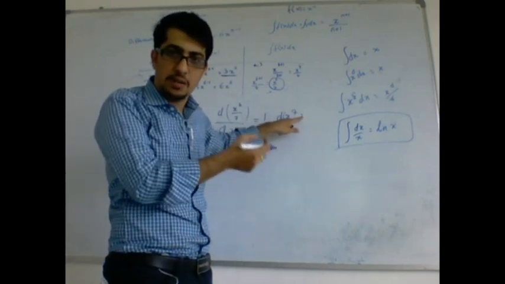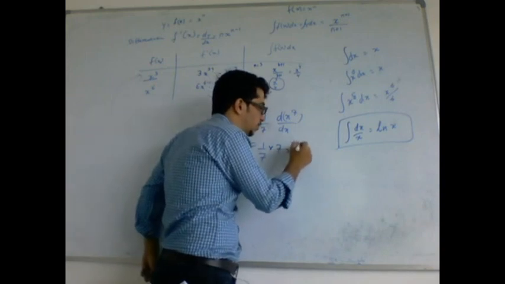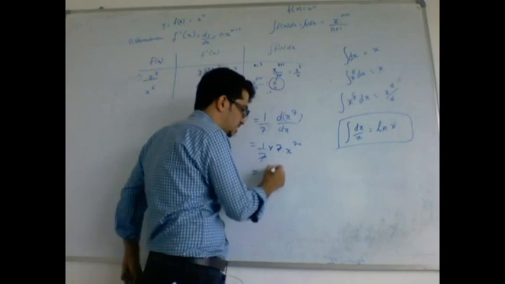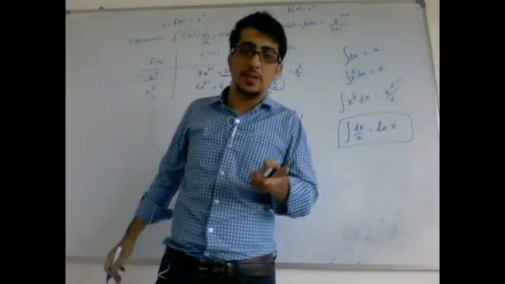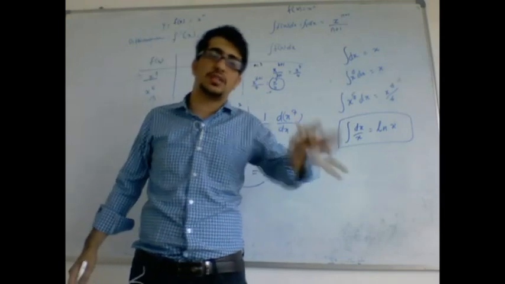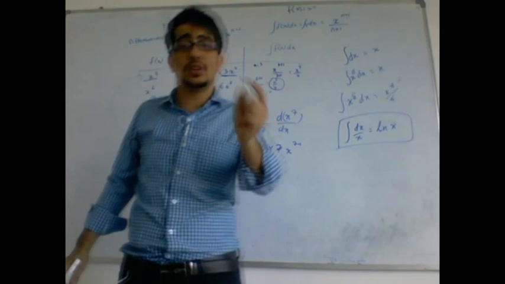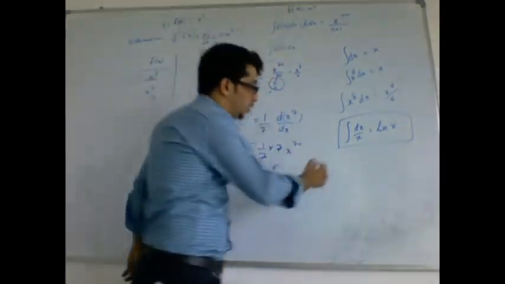So x power n, n will come ahead, so 7 will come ahead, x power 7 minus 1. So 7 cancels out and x power 7 minus 1 is 6. We will get the question. So the reverse of differentiation is integration, the reverse of integration is differentiation. Please remember this.